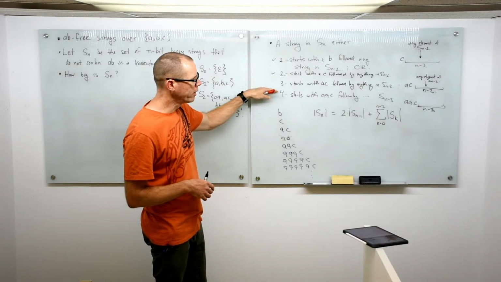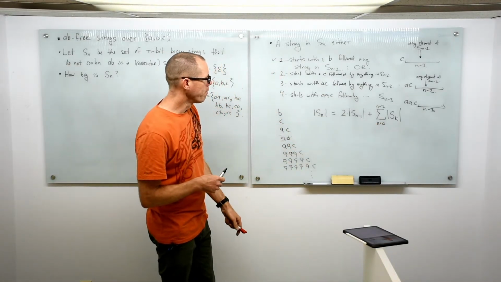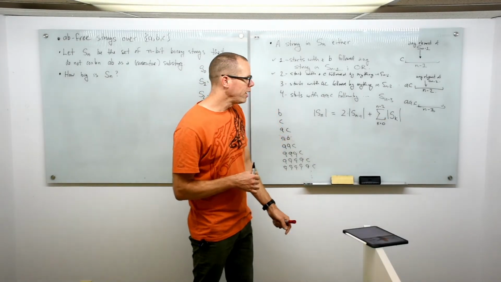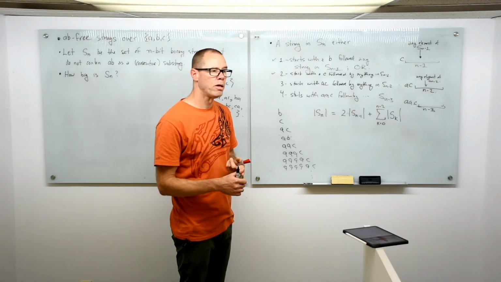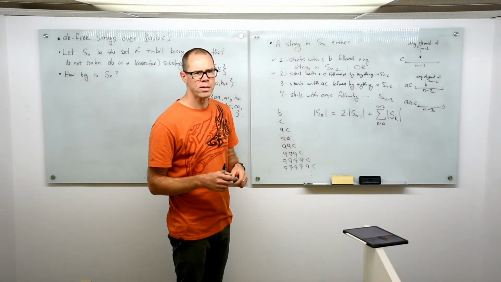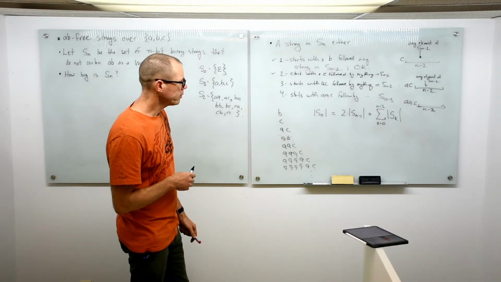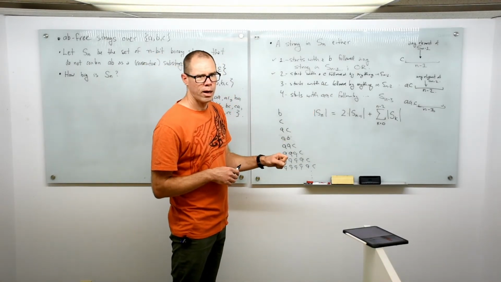Things get wildly different. We don't have here a formula that has just an Sn minus 1 and an Sn minus 2 in it. It has an Sn minus 1, Sn minus 2, Sn minus 3, Sn minus 4, all the way down to S0. So this one is harder to solve.